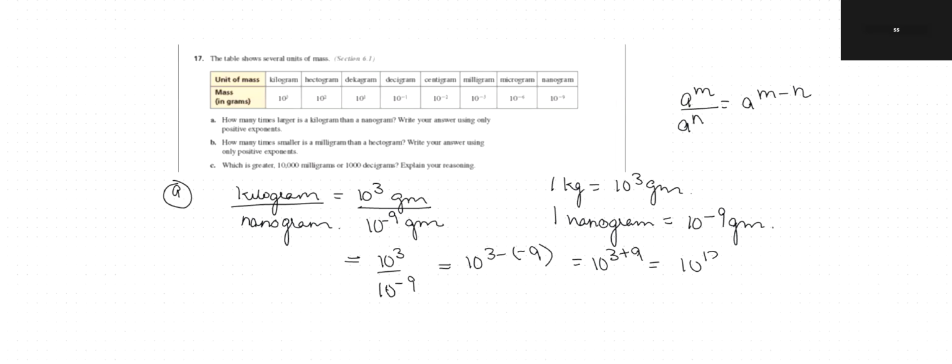So a kilogram is 10 raised to power 12 times larger than a nanogram. Okay, and we have to leave the answer in positive exponents, so it is a positive exponent. Now let's do B part.